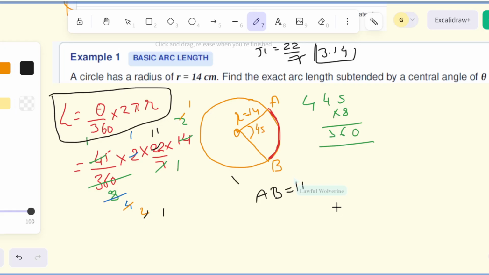The formula is something which we need to remember. It says L equal to theta upon 360 into 2 pi r.